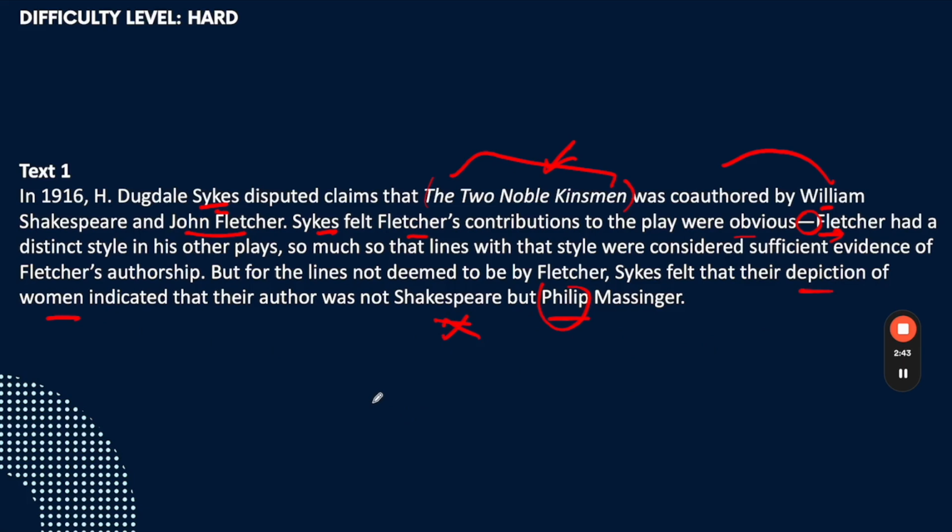This is what the text says. So in all, as per Sykes, this book was written by Fletcher and Philip, and the text gives more explanation as to why he thinks Shakespeare wasn't a part of it and in fact Philip was.